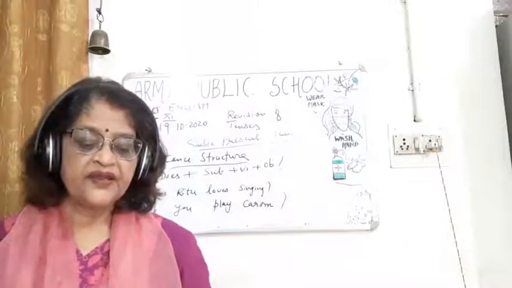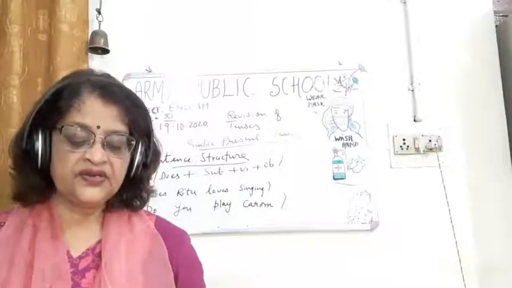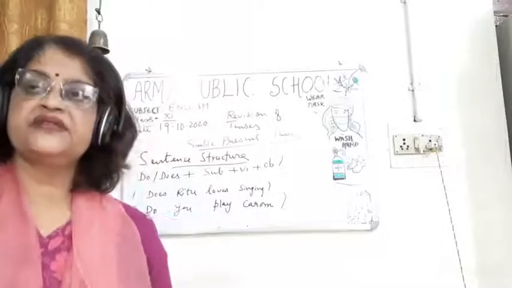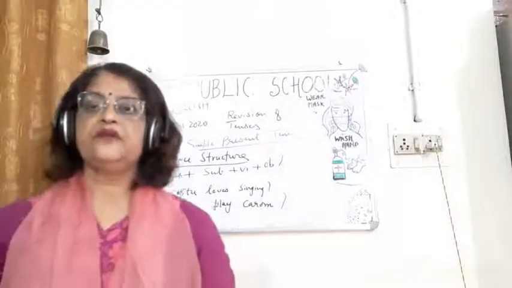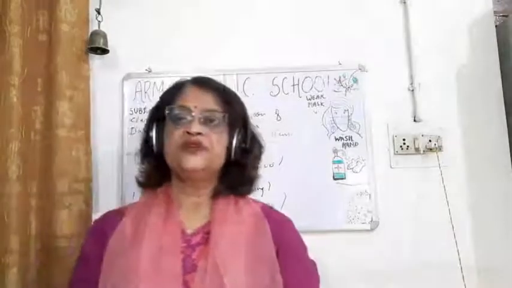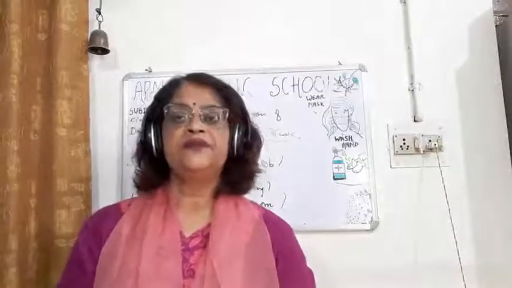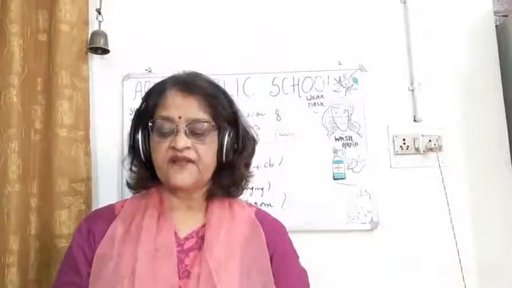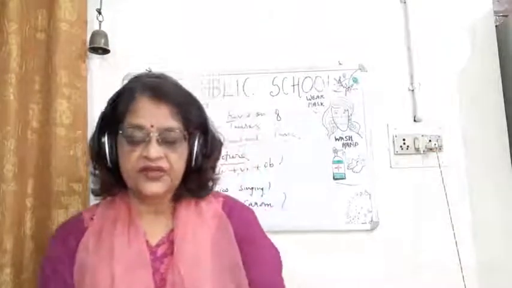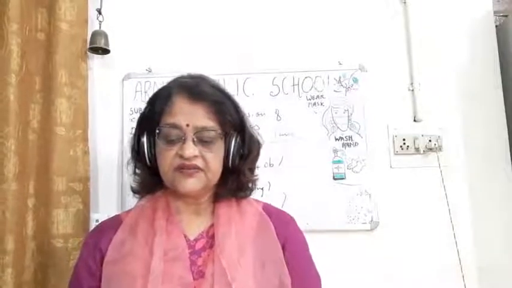Do is used with first person, I and we, with second person you, and with third person plural number they, these, those, boys, etc. Okay, and does is used when the third person singular number, he, she, it, or any single name is there.